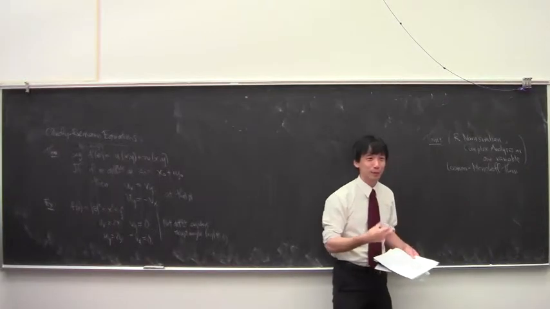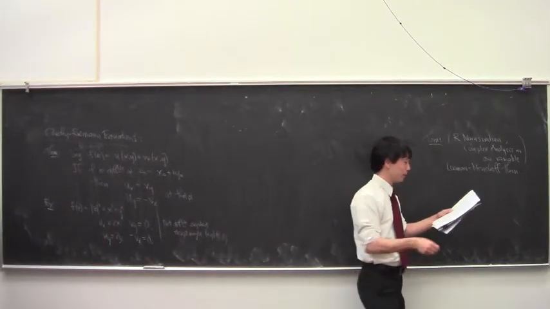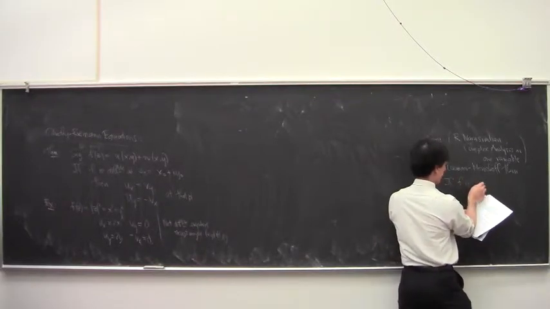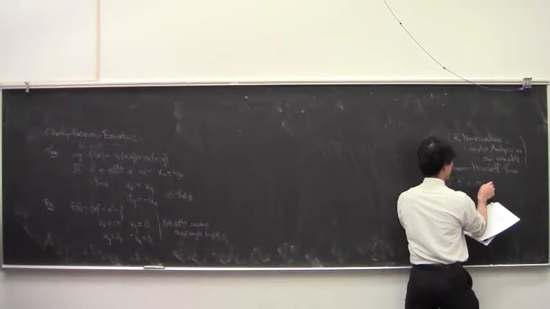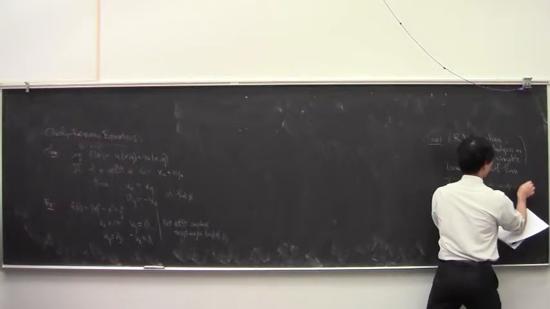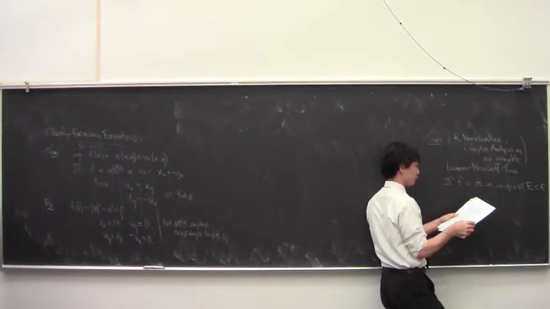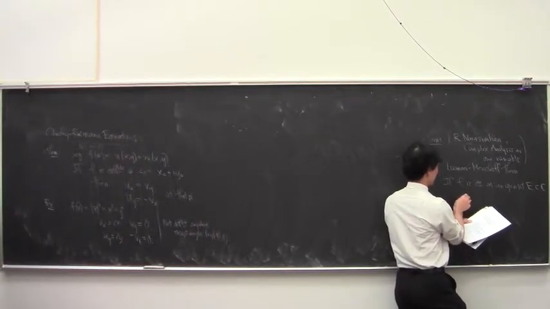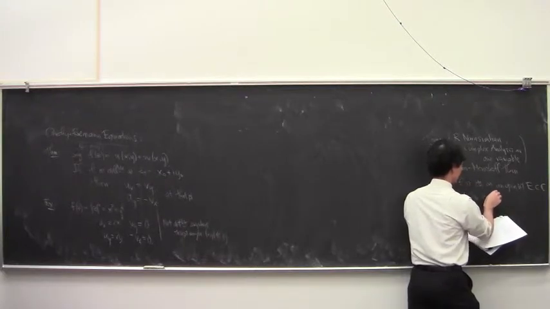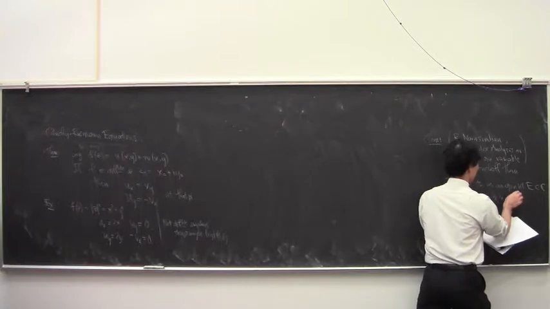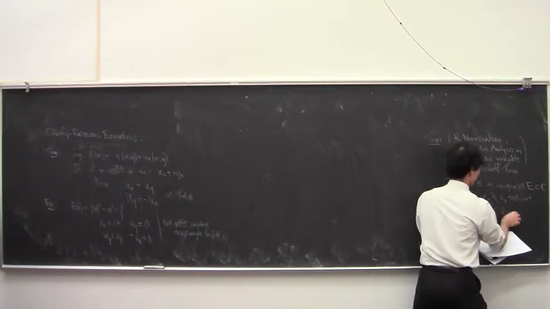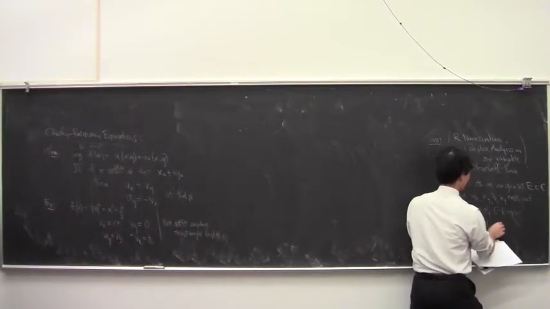But it's like the ultimate converse of this theorem. So if f is continuous on an open set, and the partials exist and satisfy the Cauchy-Riemann equations, then f is differentiable.